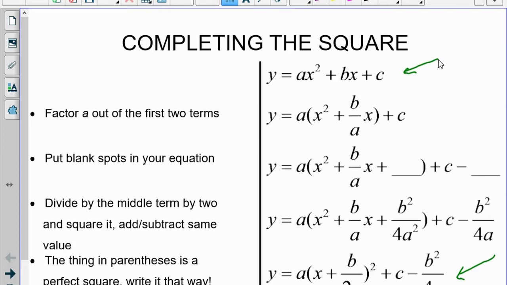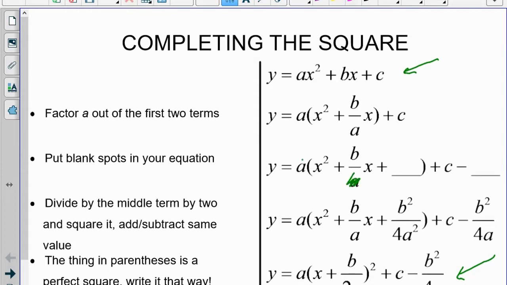You start with a quadratic in standard form. The first thing you will always do is factor the a value out of the first two terms only. Notice that the c still stays there by itself. If you don't have to factor an a out of the first two terms, you still do everything exactly the same. If there's no a, you don't have to worry about this, because a is 1.